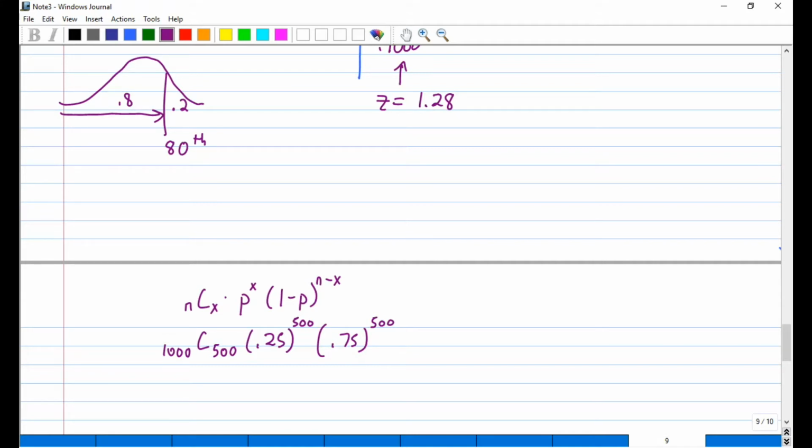No. The z-scores have been all between, I think, even our tables show us between negative 3.49 and positive 3.49, because that's almost all the area under the curve. So if we're able to standardize numbers by doing what we were doing earlier, then we can use that to approximate a binomial distribution.